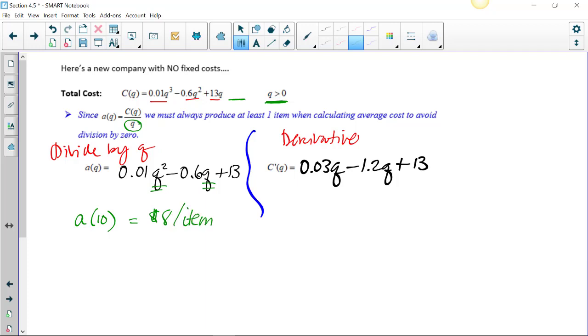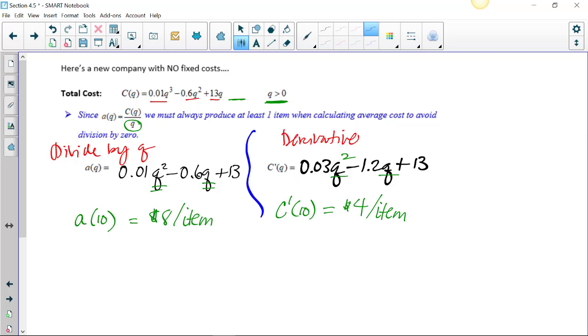You can do that substitution. My marginal cost, if I'm producing 10 items, when I substitute that in here, whoops, I lost the square. Sorry about that. I get a marginal cost of $4 per item.